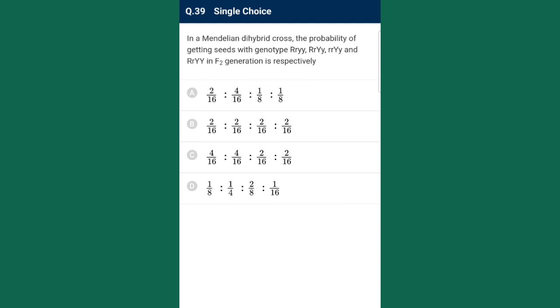In a dihybrid cross, the genotypic ratio of the genotypes is 1:2:2:4:1:2:1:2:1. So the answer for this question is option A.